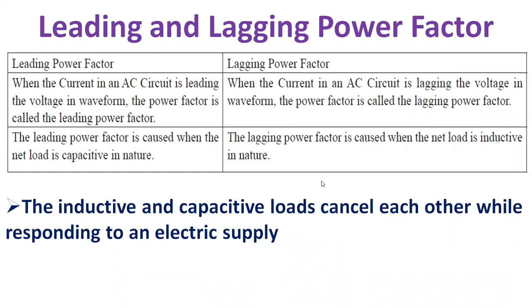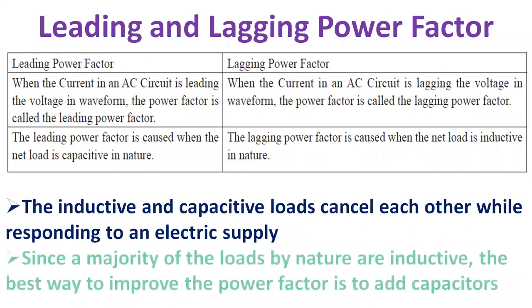Now, the inductive and capacitive loads cancel each other while responding to an electrical load supply. Since a majority of the loads by nature are inductive, the best way to improve the power factor is to add capacitors.